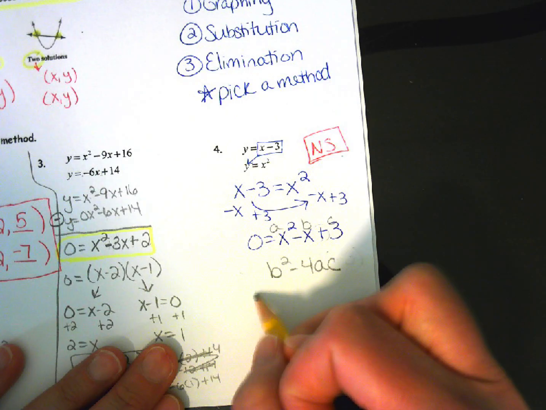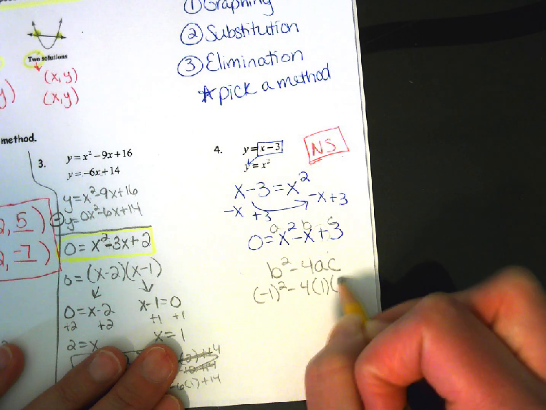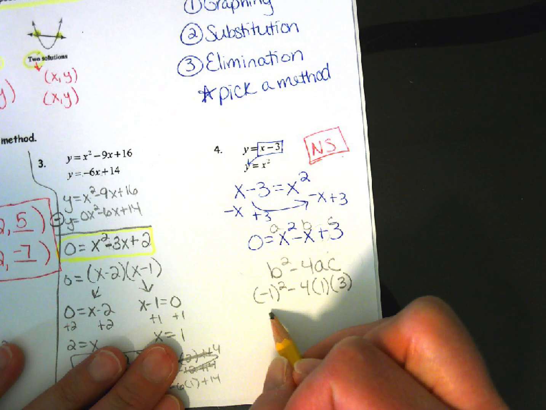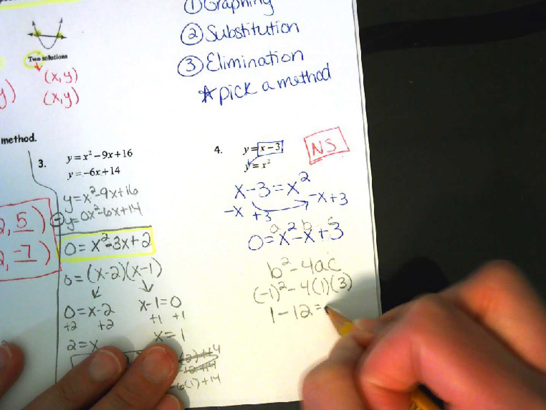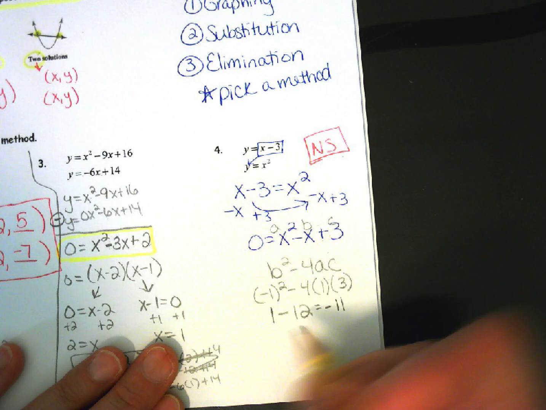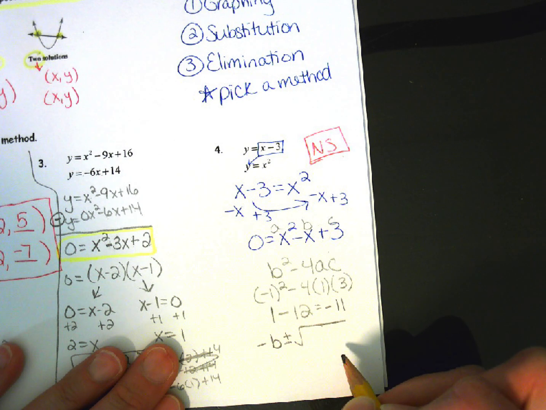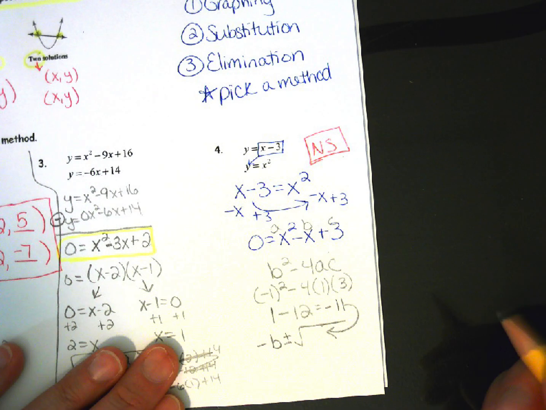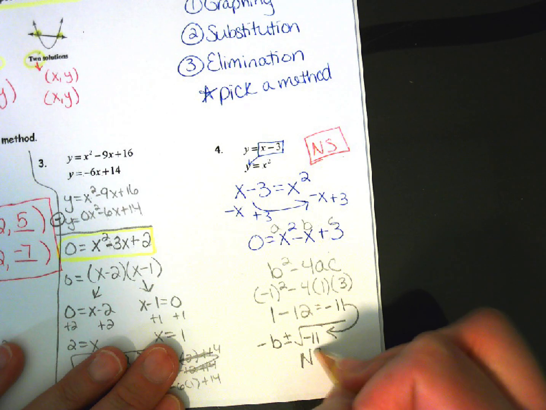If you do b squared minus 4 times a times c, you'll get positive 1 minus 12, which is negative 11. Remember, in the quadratic formula, it's opposite b plus or minus the square root. Can you have a negative underneath the square root? And that's how you get a no solution.